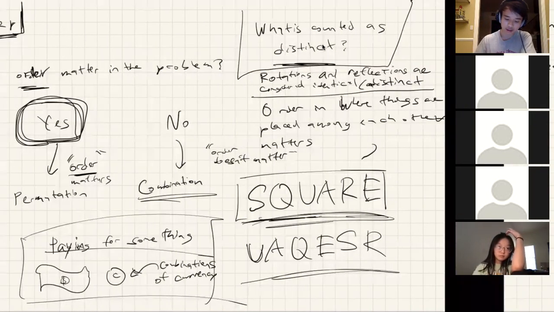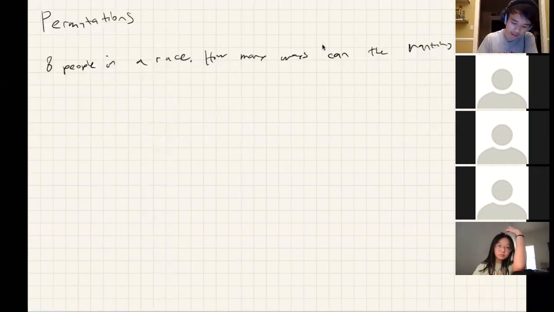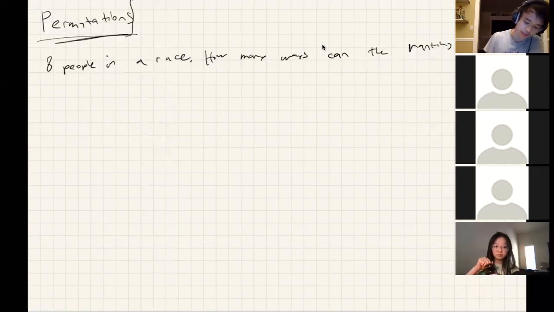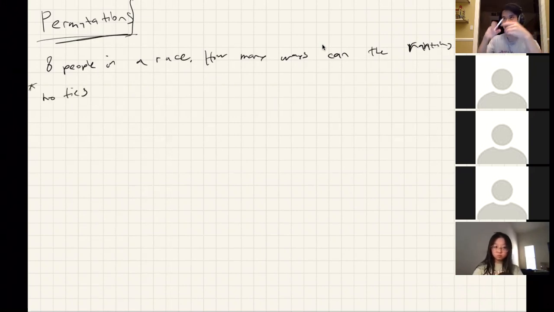So, another example of permutations. Say 8 people are in a race. How many ways can the ranking of these people be decided? We're assuming that there's no ties here, so for any 2 people, one of them has to do better than the other.